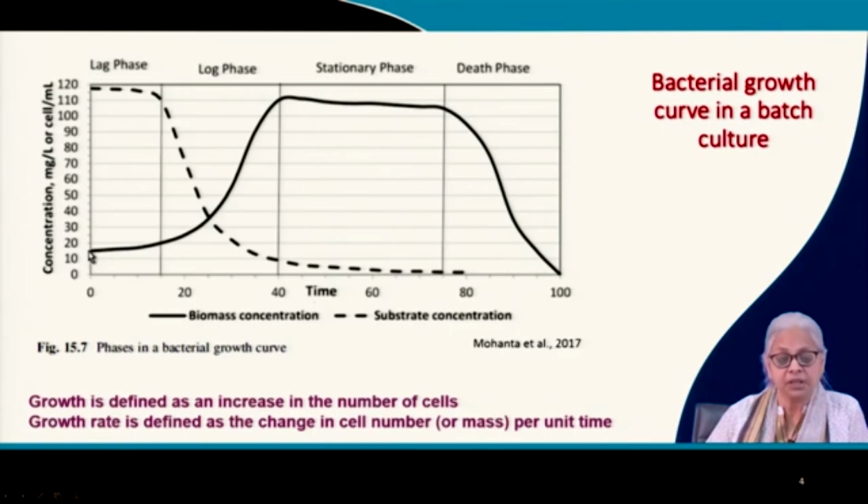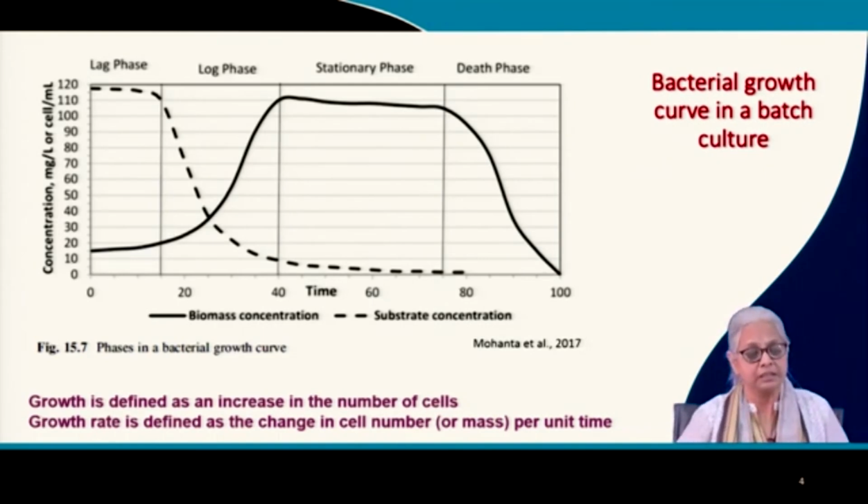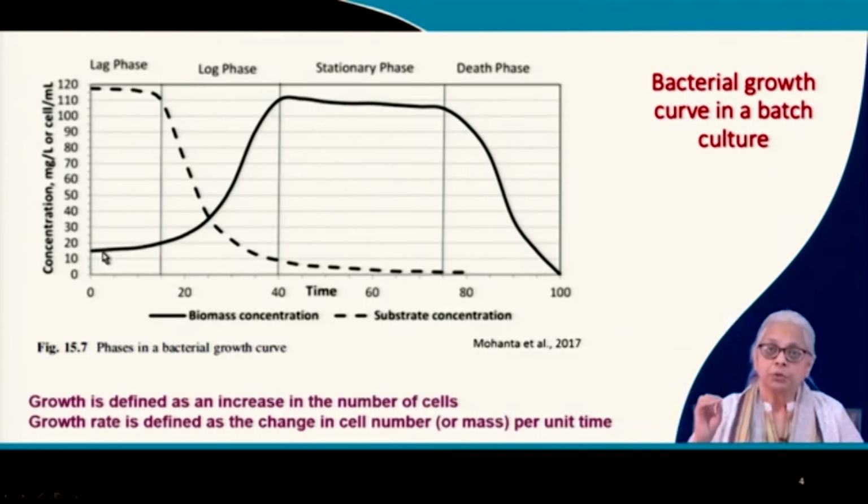Now biomass, as you can see, is increasing in this kind of curve, where initially you will find that there is very little increase in cell concentration. Now if there is very little increase in cell concentration, then what is the reason for that? So remember, you have started the culture. This is the beginning of the culture.